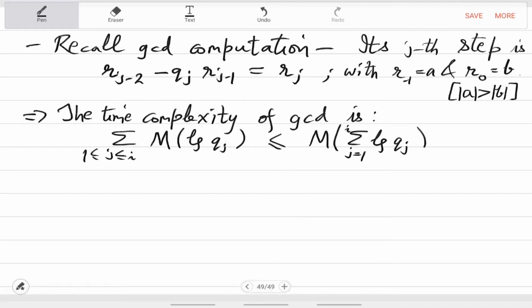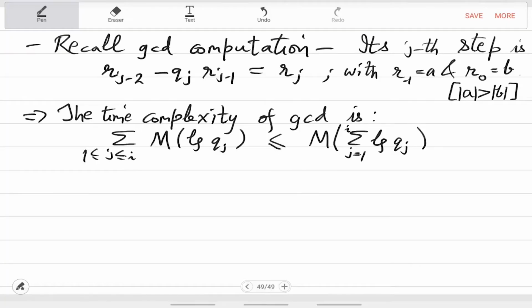We had done this also in Euclid GCD. There, you telescope: you express this in terms of the two previous R's, Rj minus 2 and Rj minus 1, and then you get a telescopic sum. That was the efficient analysis. Do the same thing here.